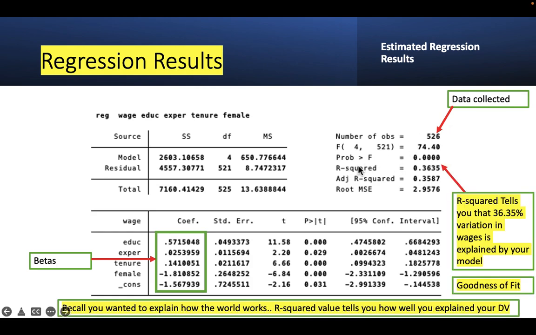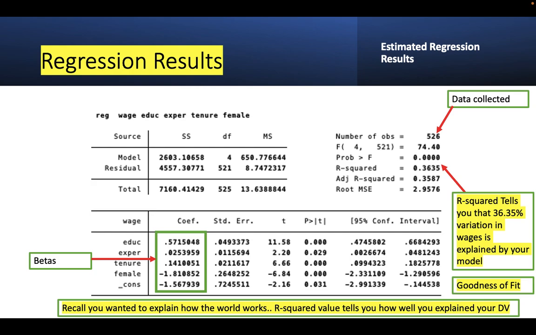The R square, so you have an F statistic and R square. An F statistic basically is used to tell whether your model is actually a good model or not.